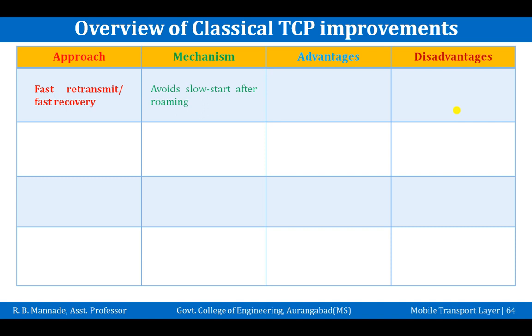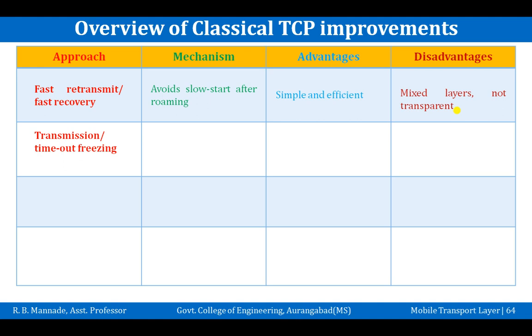It means when a mobile node switches from one network to another network, there will be some packet loss, and due to that packet loss the traditional TCP may initiate slow start. In order to avoid that slow start, the fast retransmit and fast recovery technique is used. The advantage is it is simple and efficient, and it has a drawback that it mixes layers and is not transparent.